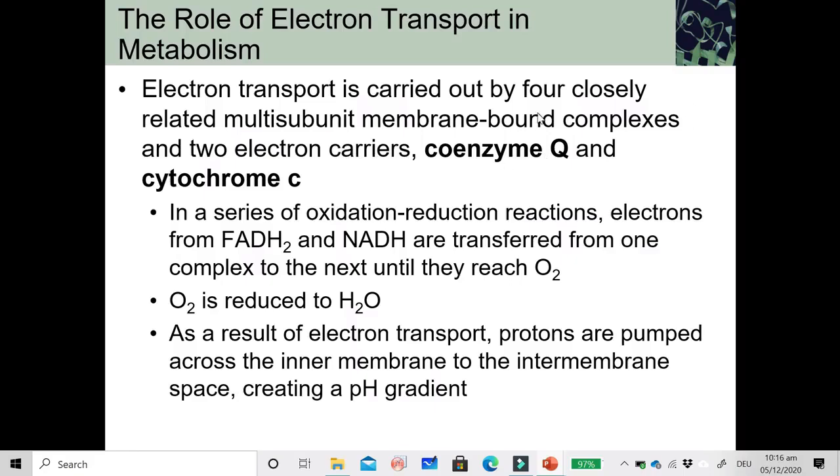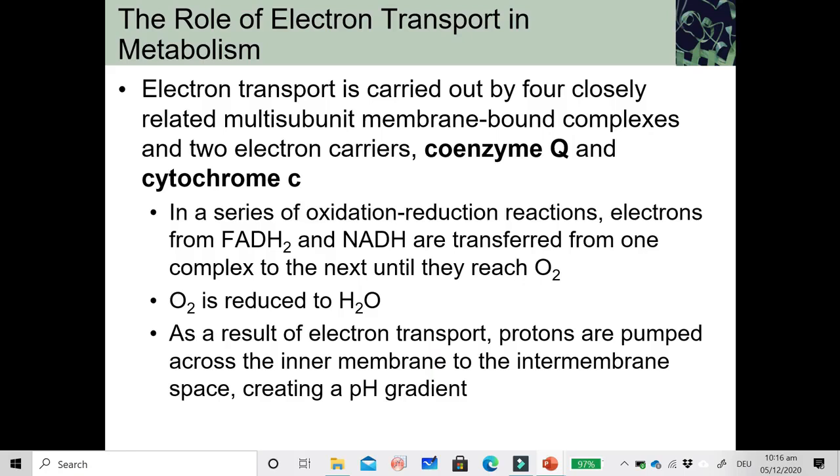Now, the multi-subunit membrane-bound complexes actually consist of a number of different proteins. This can be iron heme containing proteins and or iron sulfur clusters.